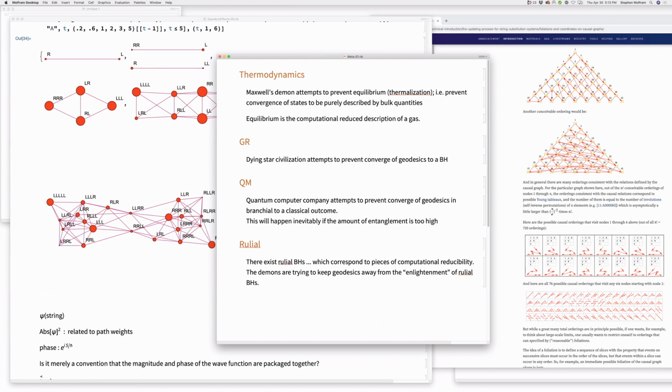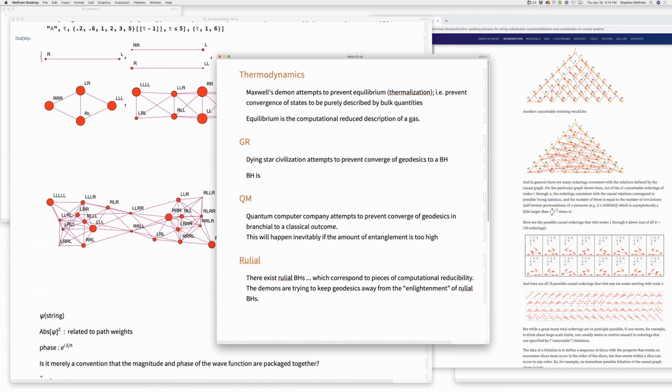Right, and similarly, arguably, a black hole is the computationally reduced description of the galaxy. If the galaxy turns into a black hole, you don't need to say nearly as much to specify things about the galaxy.